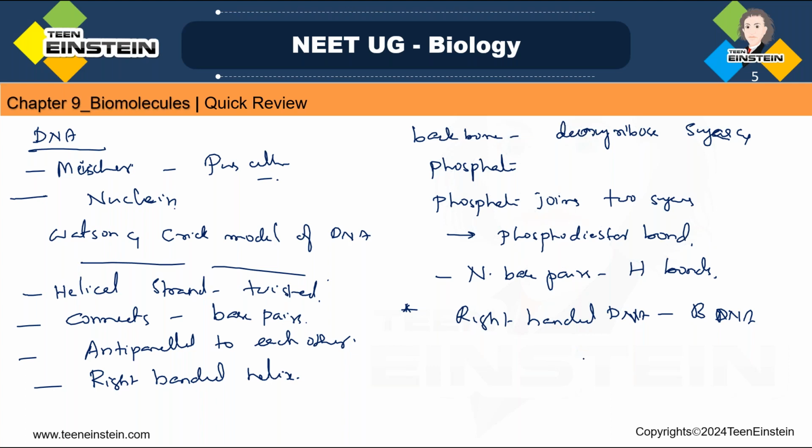The left-handed form is called Z-DNA. B-DNA is found in humans and Z-DNA is found in nucleosome. These two extra points also came in previous year questions, so you have to learn this many points about DNA.